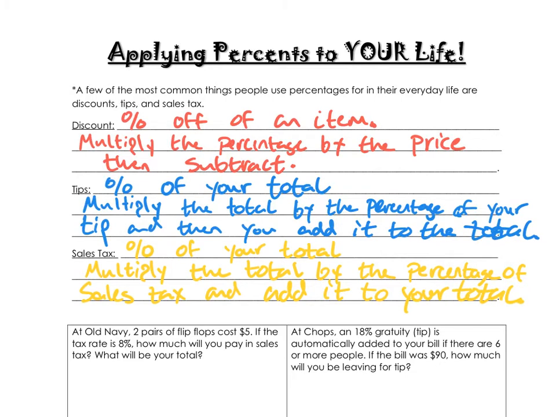Okay? So, that is the reason why if something costs $1 at the gas station, you don't pay $1. You typically pay, in our county, $1.06 because it's a 6% sales tax.